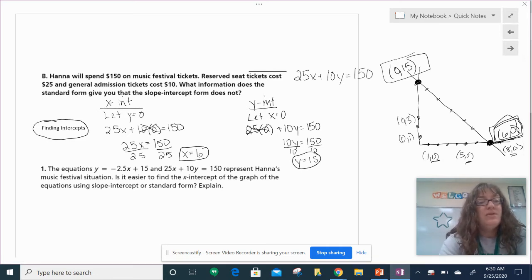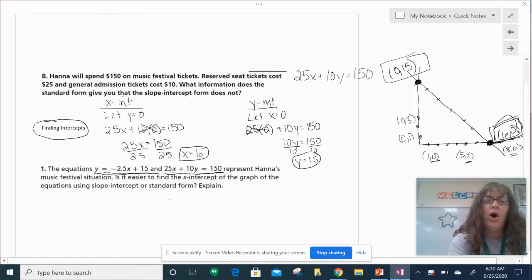Now, the second question on this page says this equation, y equals negative 2.5x plus 15, and 25x plus 10y equals 150 are the exact same equation. So how did they get there? Because I have standard form and I have slope-intercept form.